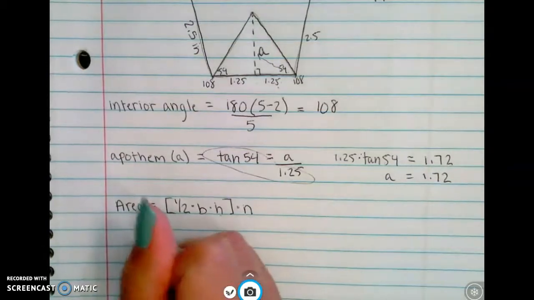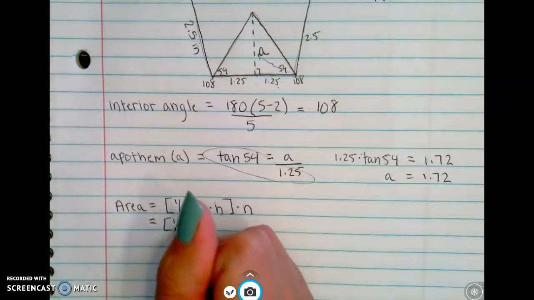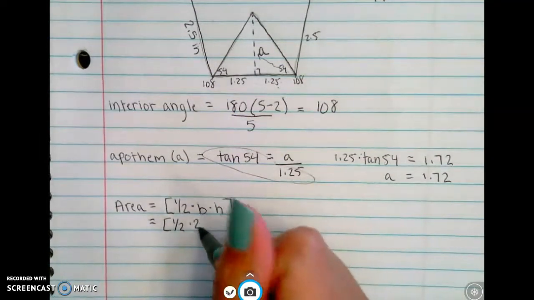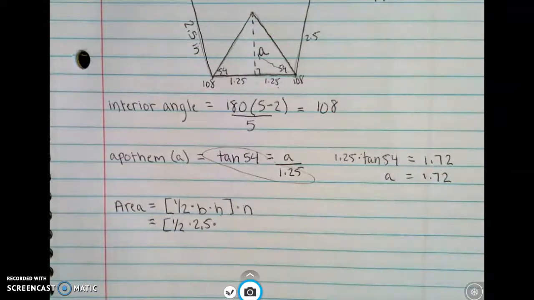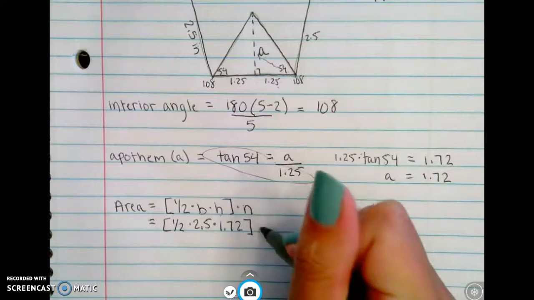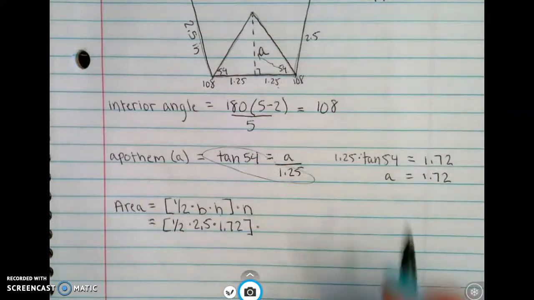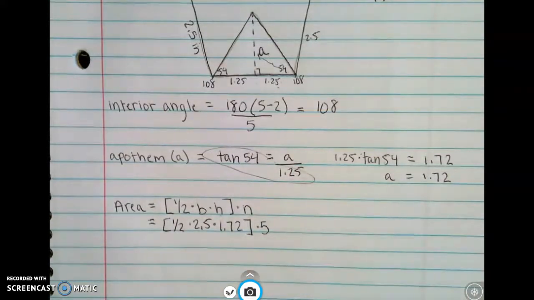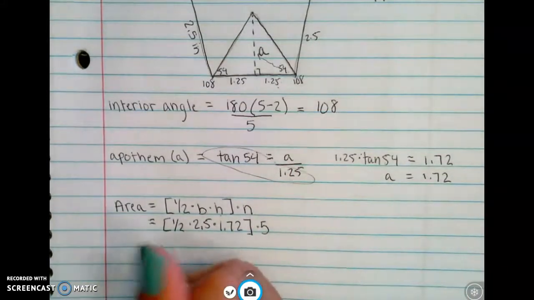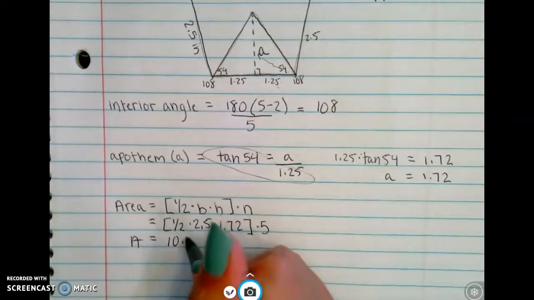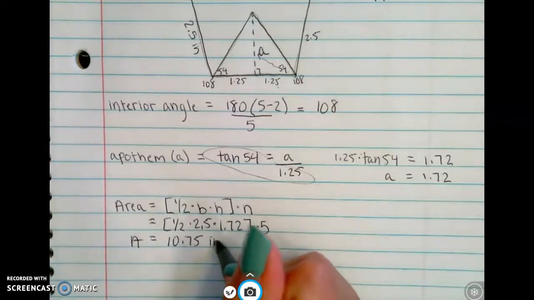The area is going to be half the base of the whole triangle, which is 2.5, times the height, the apothem, 1.72, times the number of triangles that make up this shape, so we multiply it by 5. When I multiply all 4 of these numbers together, the area ends up being 10.75 inches squared.